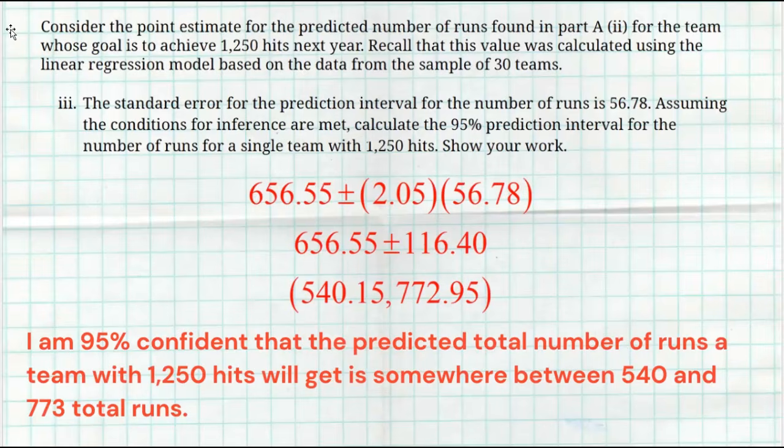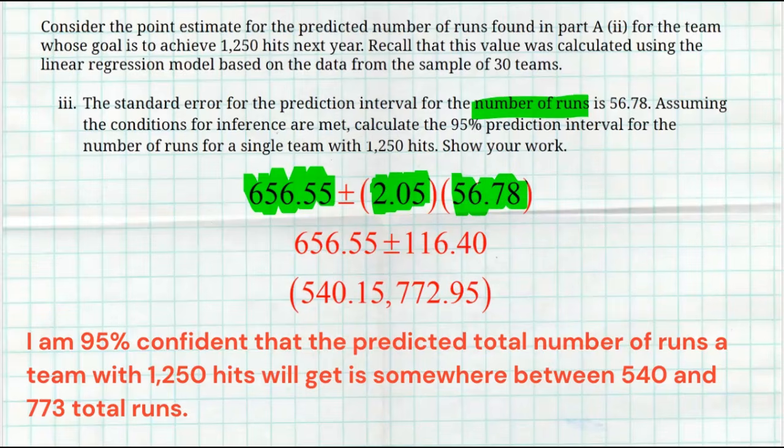We're going to start off with our predicted value for 1,250 hits, which was 656.55. We're going to go up and down by our t star, 2.05. And now here's the standard error for the number of runs for a single team. Multiplying, we get a margin of error of 116.40. Add it, subtract it, we get about 540 to about 773.